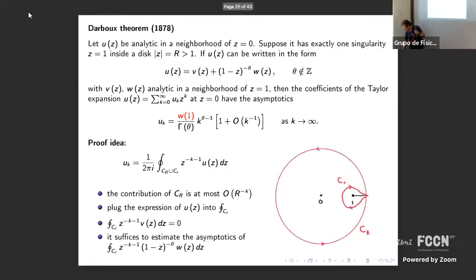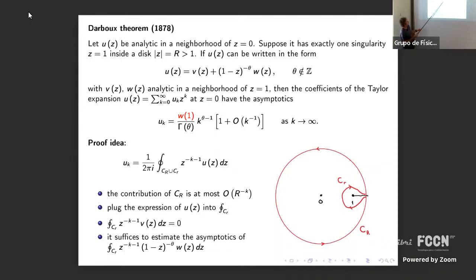So now let me make this more precise. This is the basic statement, Darboux theorem. You start with a function which is analytic around 0, and you somehow know that you have only one branch point z equal to 1 inside a circle of a radius strictly greater than 1. And suppose that, once again, you know that the behavior of your function looks like this, where v of z and w of z are analytic around z equal to 1.